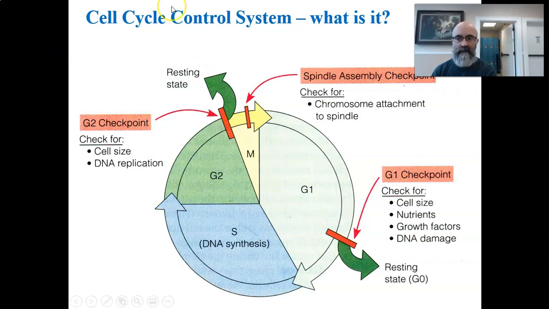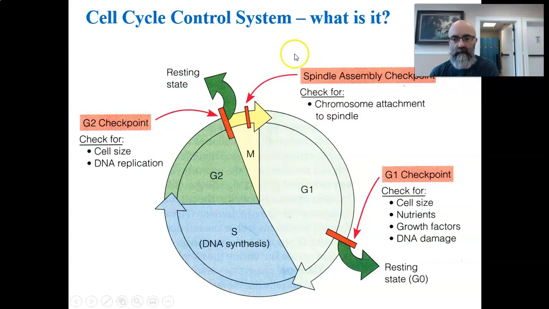Right? This cell cycle checkpoint, cell cycle control system, right? It stops the cell cycle at these very specific points, checks for specific things before the cell is allowed to proceed to the next part of the life cycle. And let's look at these examples.